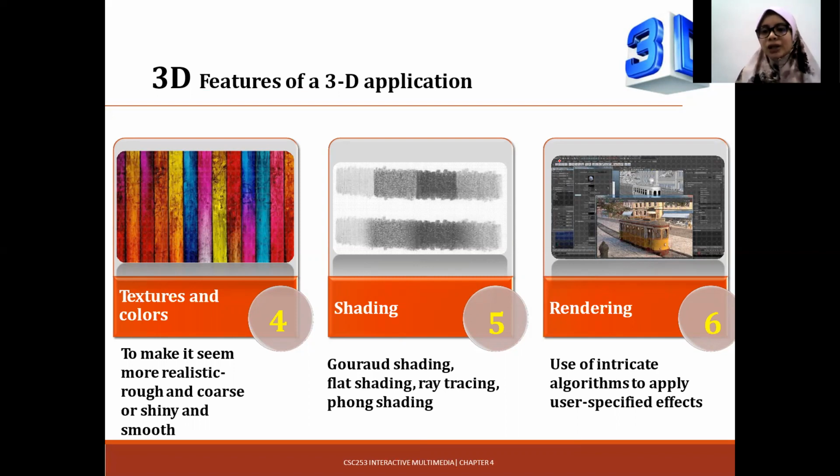Okay. And rendering is the use of intricate algorithms to apply user-specified effects. So once we place the effects into our scene, or this 3D space, we will render. When everything is done, we will render. For example, you have put in a texture, changed the color, and added shading to that design.